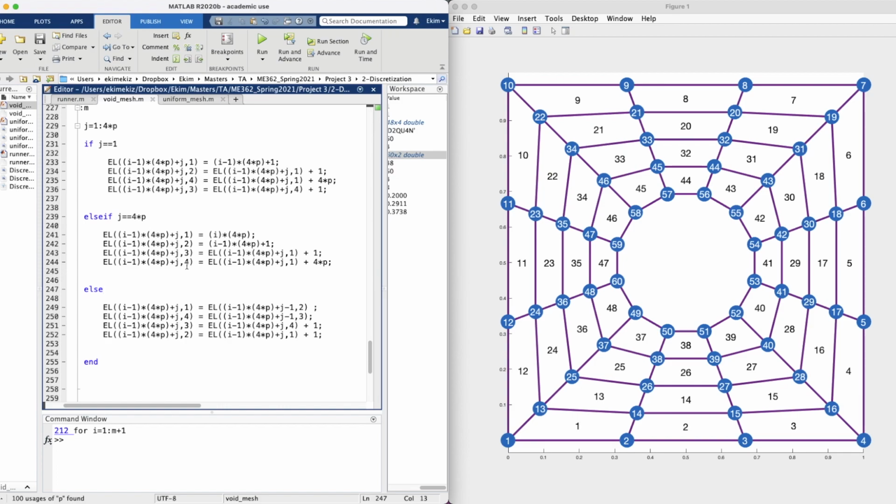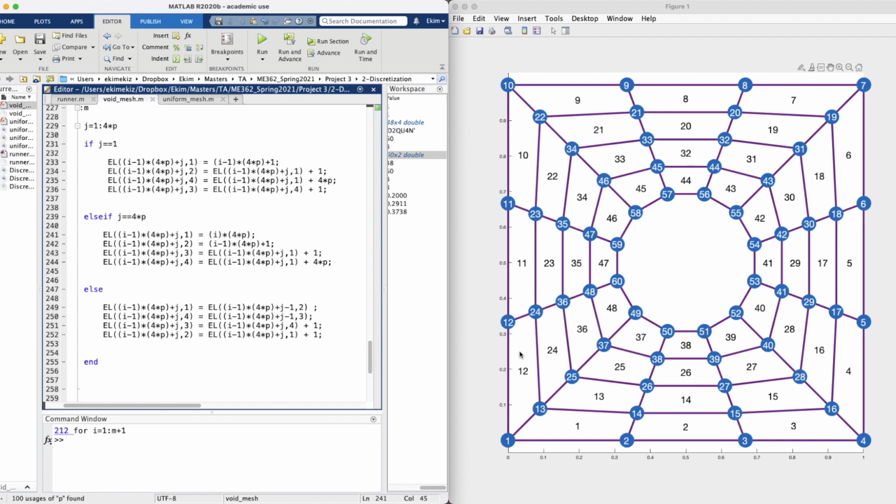So the first node should be the last node of the first row of what I call row of nodes, right? So it's I times 4 times p, because we have 4 times p nodes at every row, right?